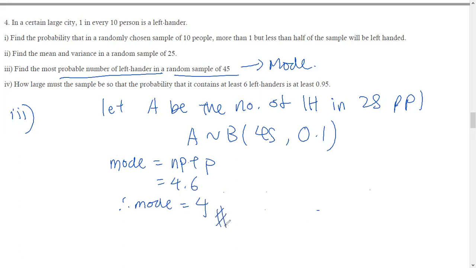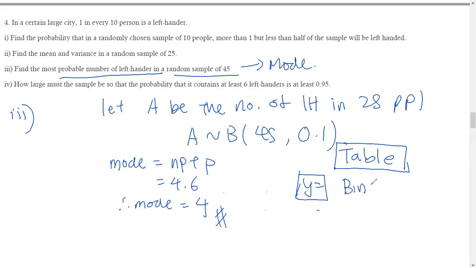Alternatively, what most schools will ask you to do is to use the table. What you need to do is key in Y equals, then key in your binomial distribution.